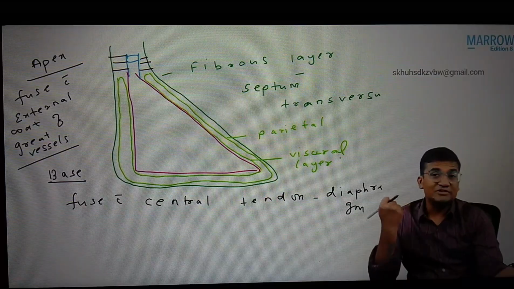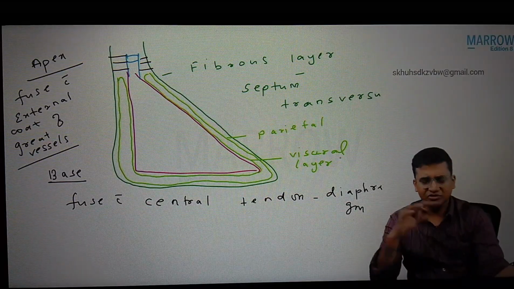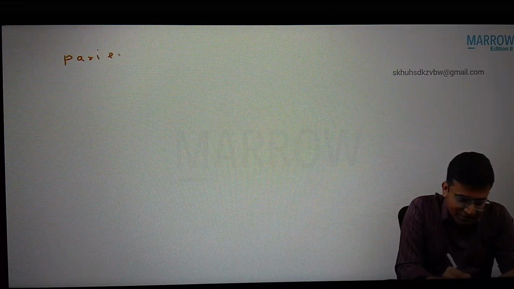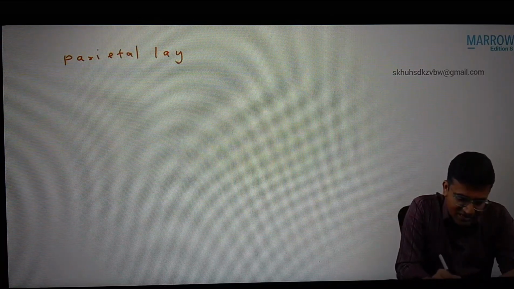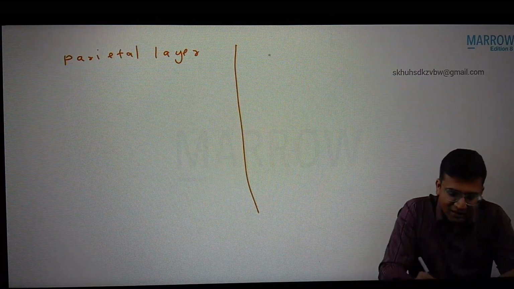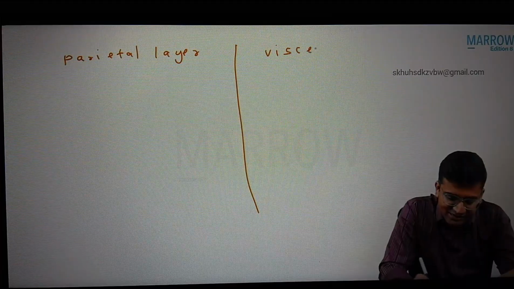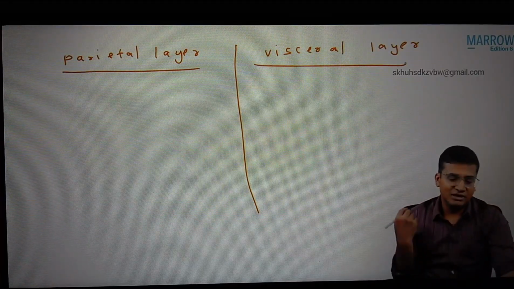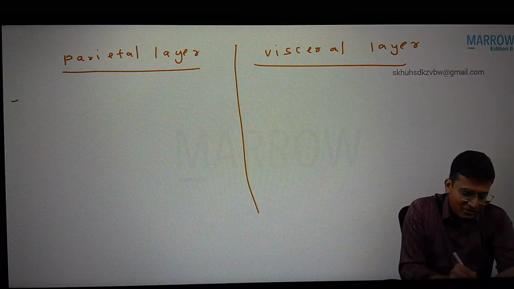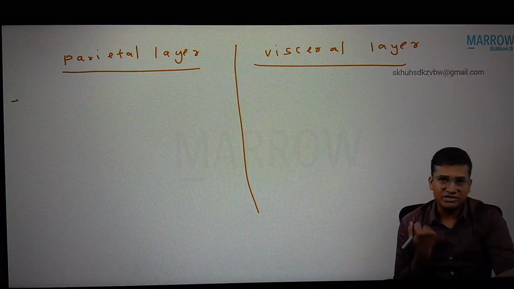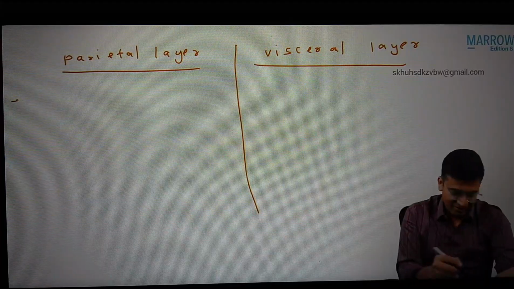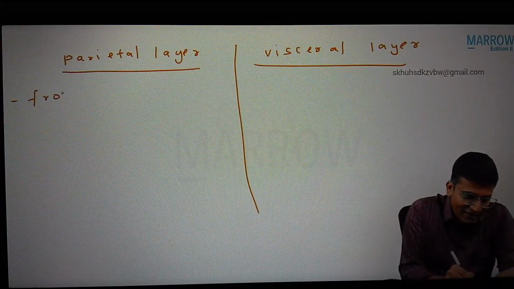Now we're going to write the differences between these two layers. Very few points are there: the parietal layer of the serous pericardium and the visceral layer. First point, origin. As I told you in the general embryology module, the parietal layer of any body cavity comes from the somatic layer of lateral mesoderm.